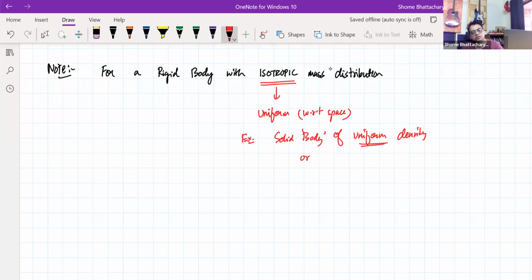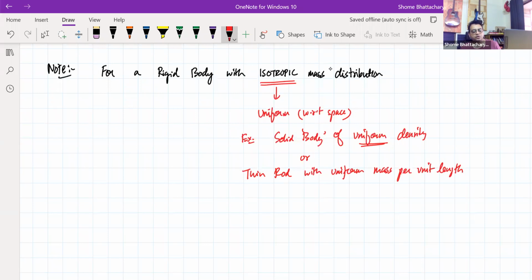Or suppose we have a thin rod with uniform mass per unit length. This is a linear body instead of a three-dimensional solid body.